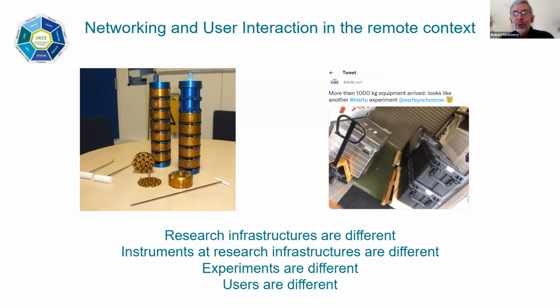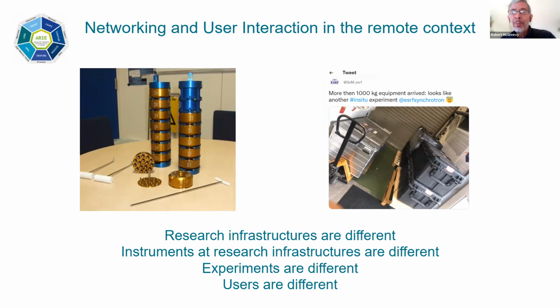On the right is a tweet that turned up a couple of days ago, coincidentally, about another experiment at a synchrotron, with somebody pointing out they're shipping 1,000 kilograms of equipment for a single in situ experiment. It's fairly obvious that the one on the right involves a lot of user participation, and it is unlikely to be feasible remotely.